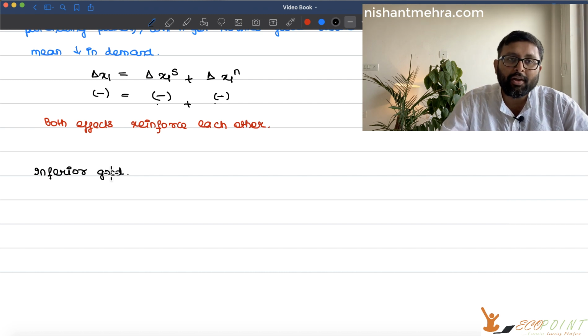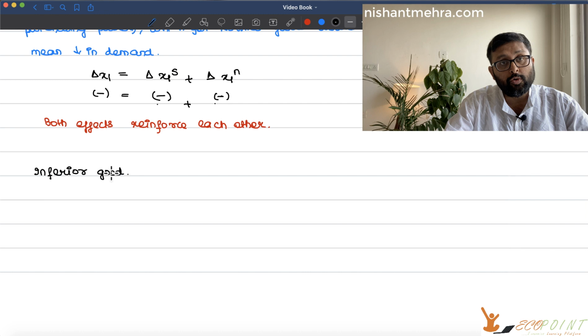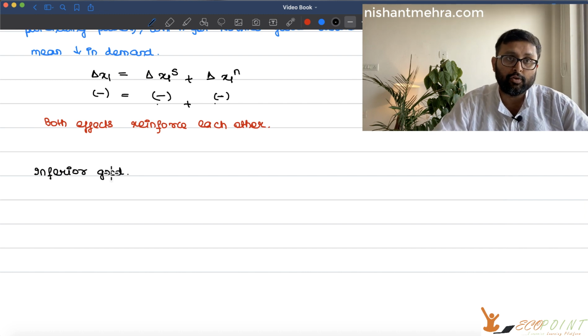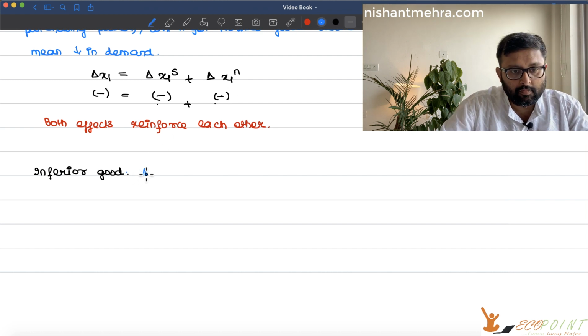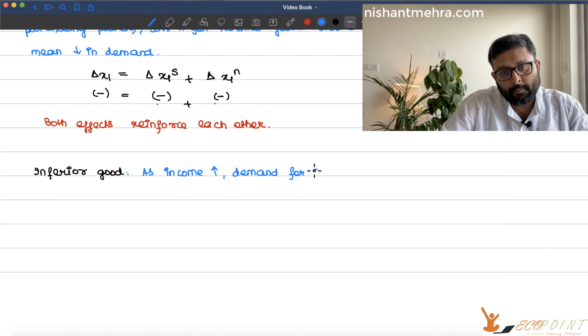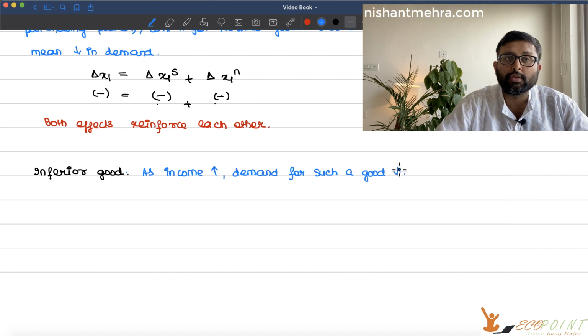That is what an inferior good is. Normal goods, when income increases, demand for such a good will increase.